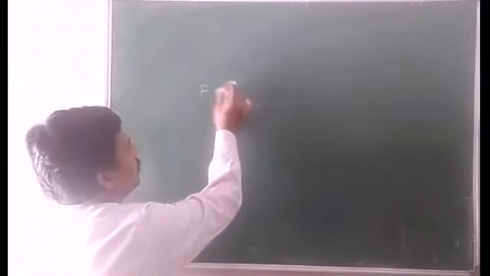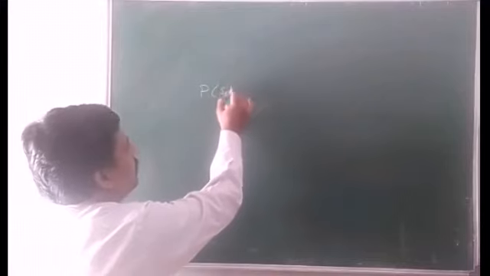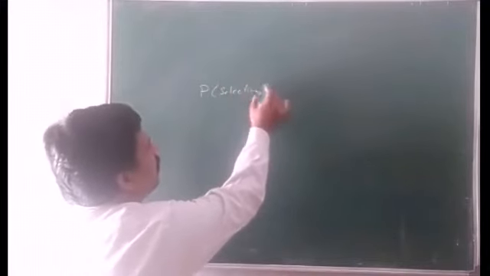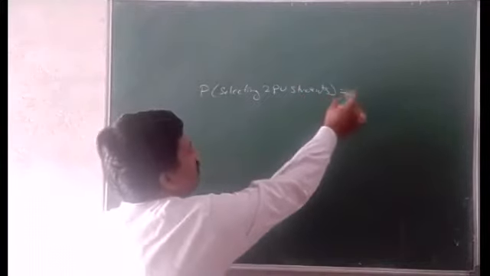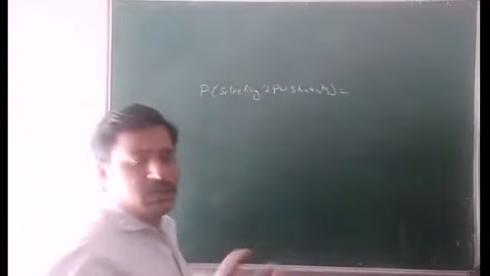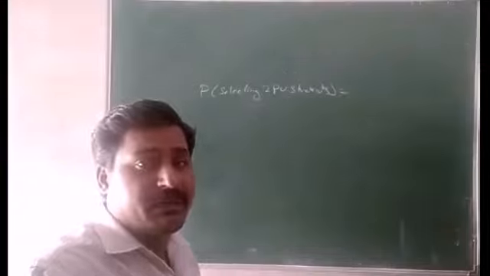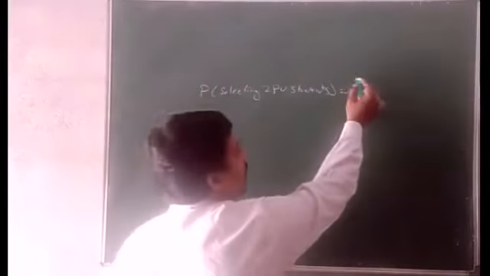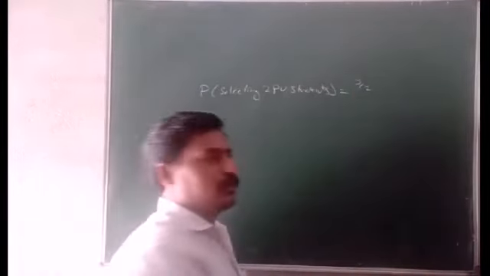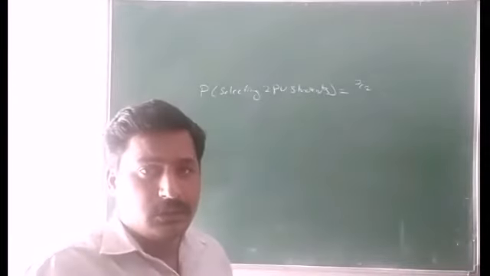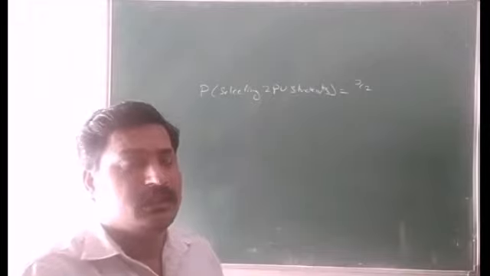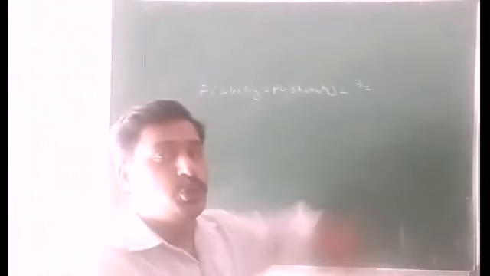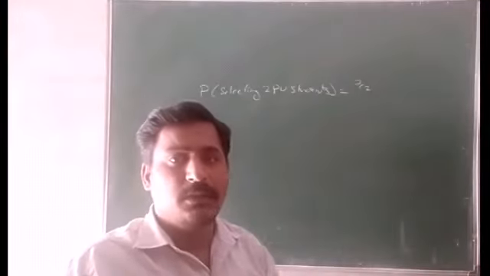So the probability of selecting 2 PU students is equal to, so total how many PU students are there? 7 students. So 7C2: selecting 2 students from 7 students, in 7C2 ways we can select PU students.